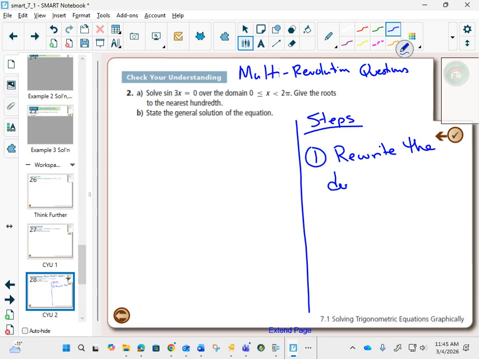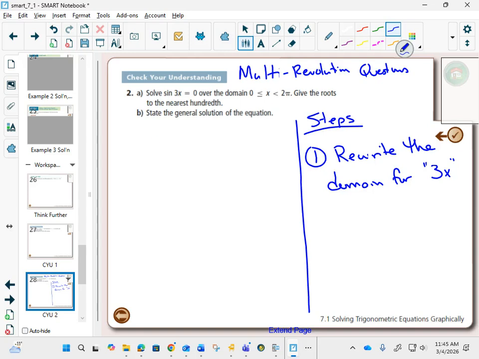We are going to rewrite the domain for 3x, in quotation marks, because sometimes the multi-revolution question will have a 2x, sometimes a 4x, sometimes a 5x. Because our question has a 3x, we're going to rewrite the domain for 3x.